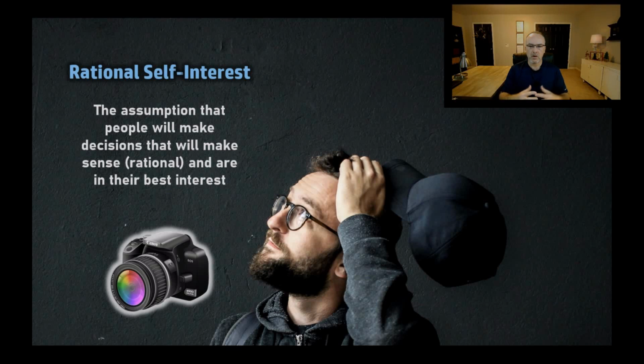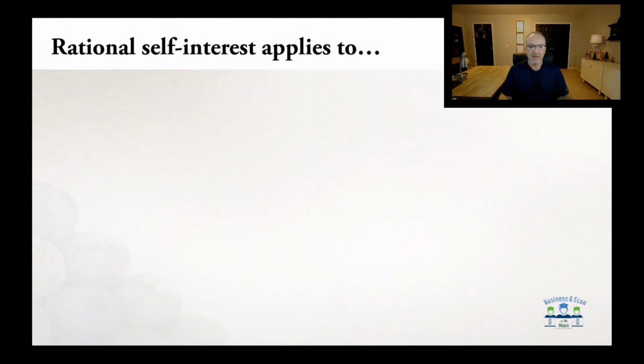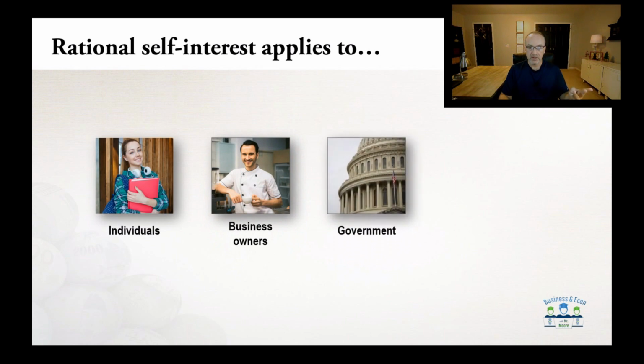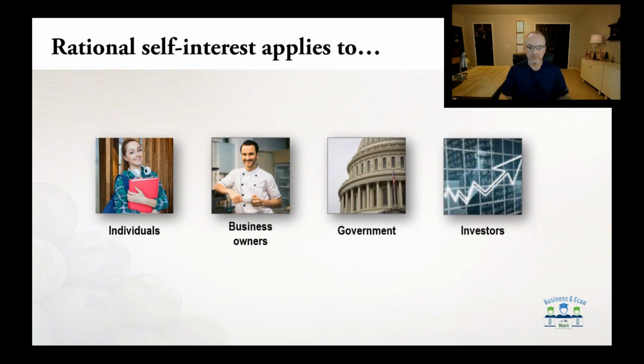So in economics, we're always assuming that every individual player in the market, every individual actor, is looking out for his or her own best interest. And this includes very important players like individuals, business owners, the government, and investors. All of the people that are making these decisions about economic factors are going to be thinking about their own self-interest, and they're going to be thinking about that in a rational way, or a way that makes sense.